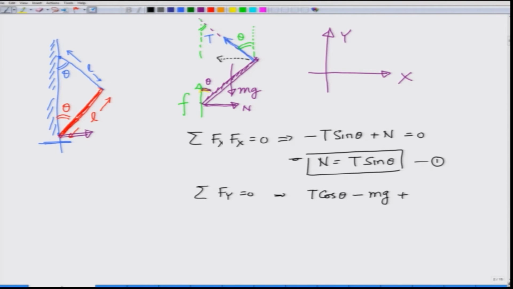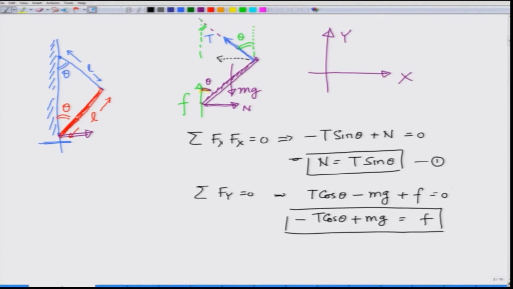So, plus F is equal to 0, and therefore, F equals mg minus T cosine theta. That is my equation number 2.